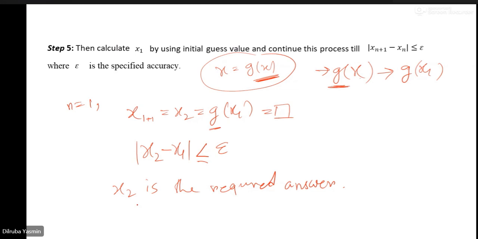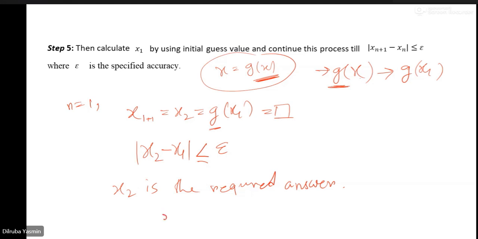Sometimes I can ask you, or this could be a requirement, you have to select or estimate the solution of a nonlinear equation in one variable up to 3 decimal places. That means you have to consider 3 digits next to the decimal marker of the value of x2.